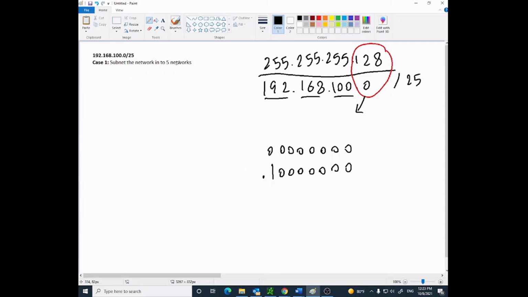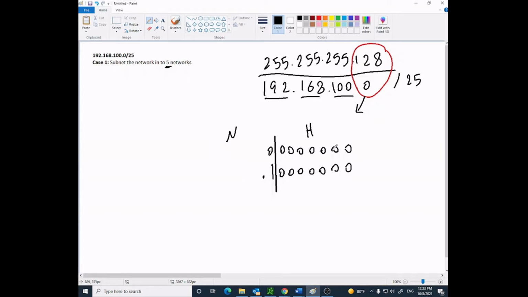Now, since I need to create 5 networks, and just in case you didn't know, there will be a line that breaks down my IP address into the network portion and the host portion. Whatever you have to the left is for the network, and whatever you have to the right is for the host.